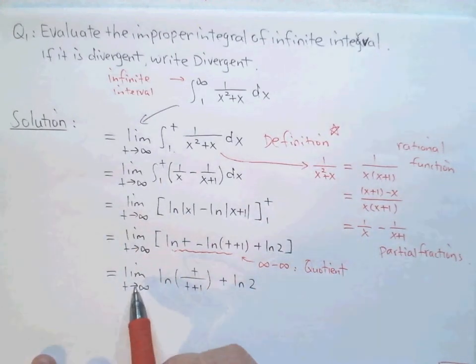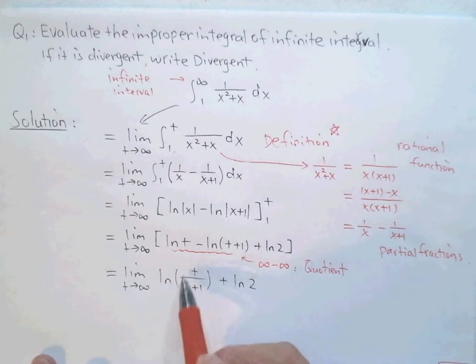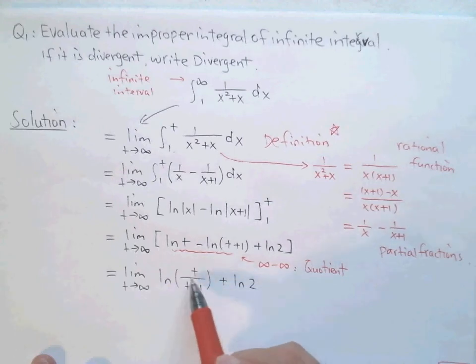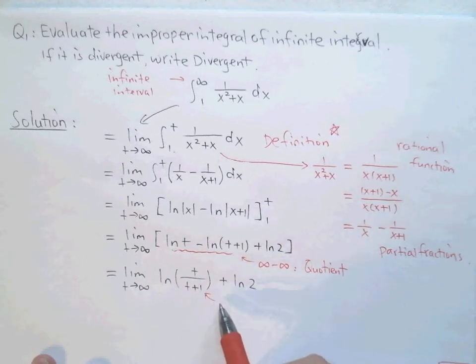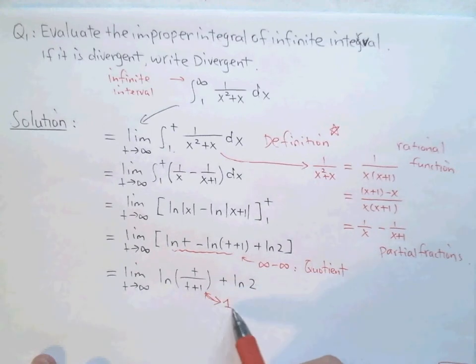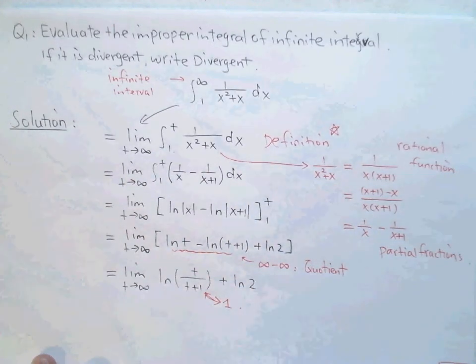The ln is a continuous function, so the limit can go inside, and this is an easy rational function. As t approaches infinity, it is infinity over infinity, but this is an easy one. You can divide by t, or if you remember the result, the limit is 1.